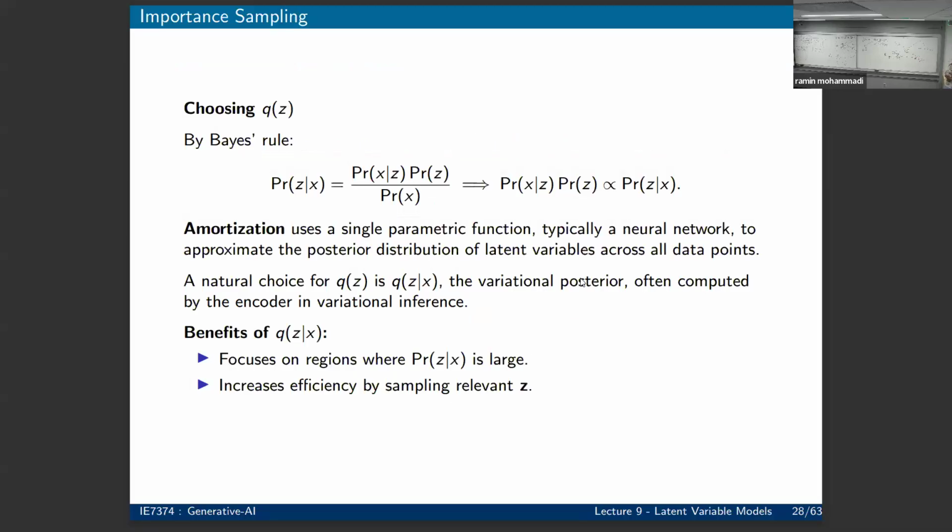Well, there is a challenge here. How do we decide on Q(Z)? The first thing to think about is the Bayes form.